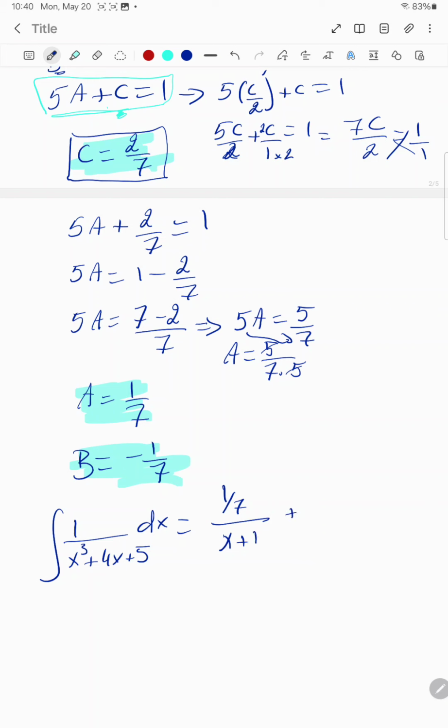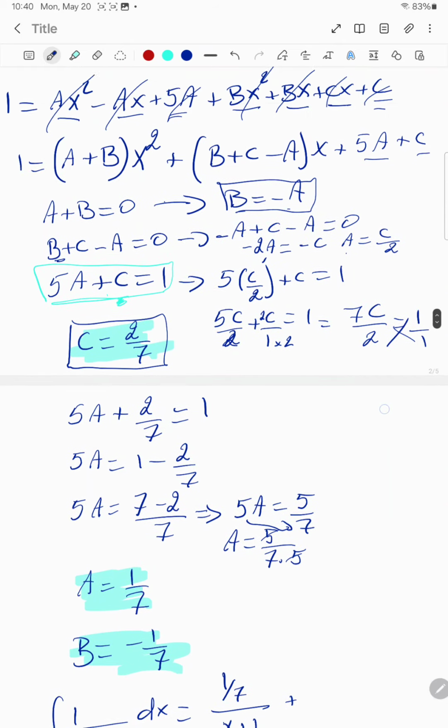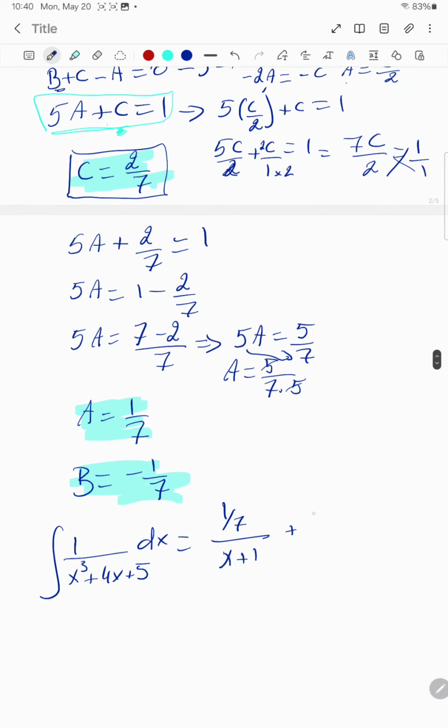Plus my bx plus c, we said the b is minus 1 over 7. So minus 1 over 7 x plus c is equal 2 over 7, plus 2 over 7, divided by x squared minus x plus 5.